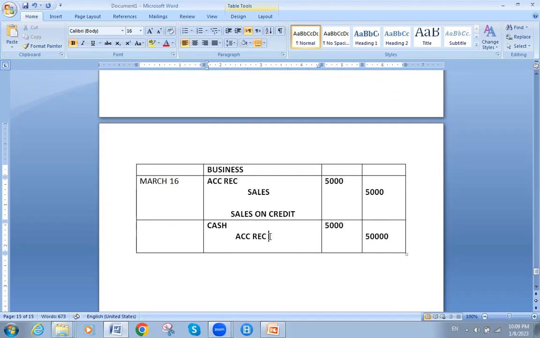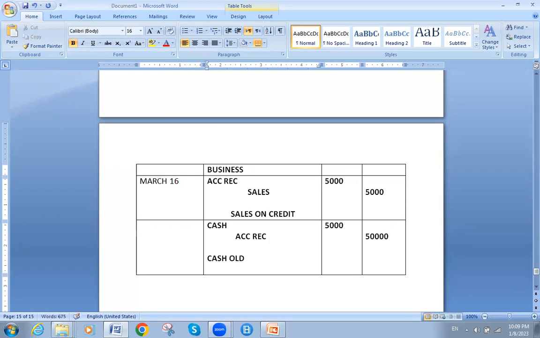Okay, cash, sales. Cash for the sales due on March 16, or cash due on March 30. Cash sales for the March 16 transaction.